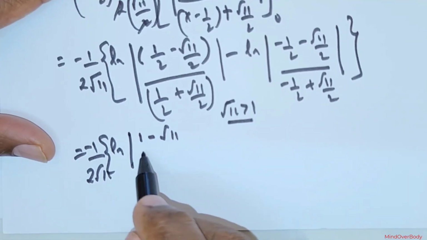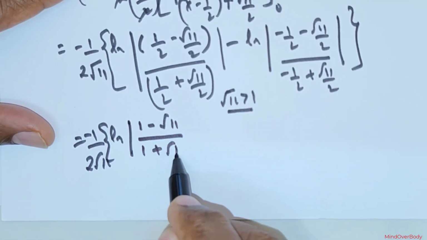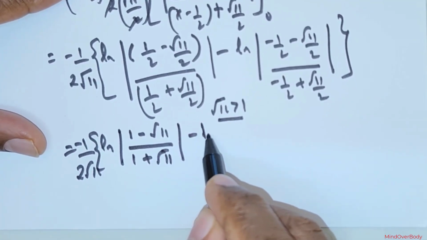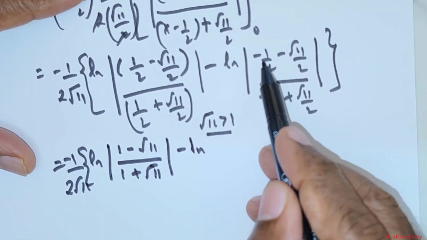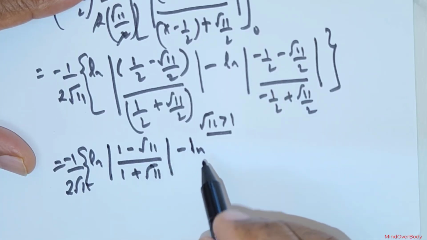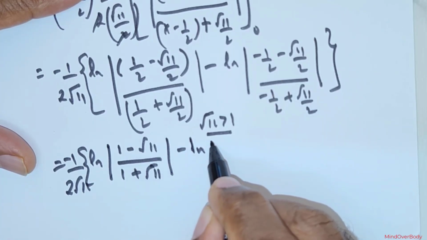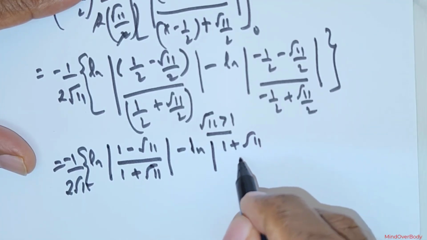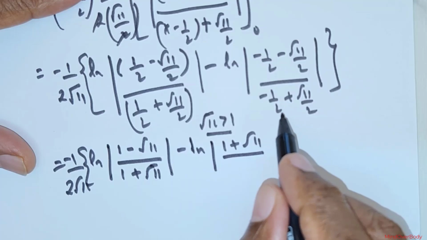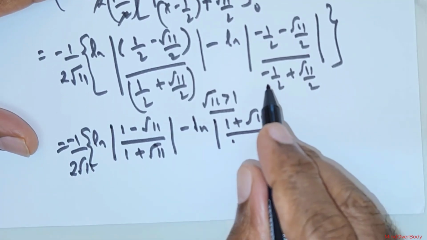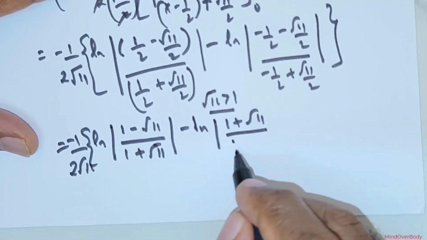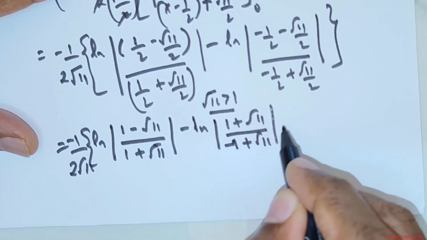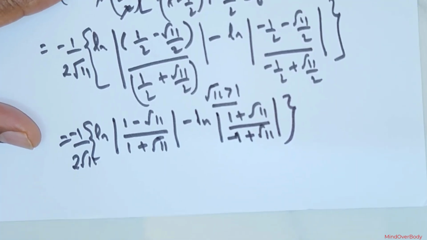This 2 and this 2 get cancelled, giving me (1 + root of 11), followed by minus ln. Now you have a negative that can come out, and this would be (1 + root of 11). The 2 goes off, and this is going to be -1 + root 11. So this is what I've got.